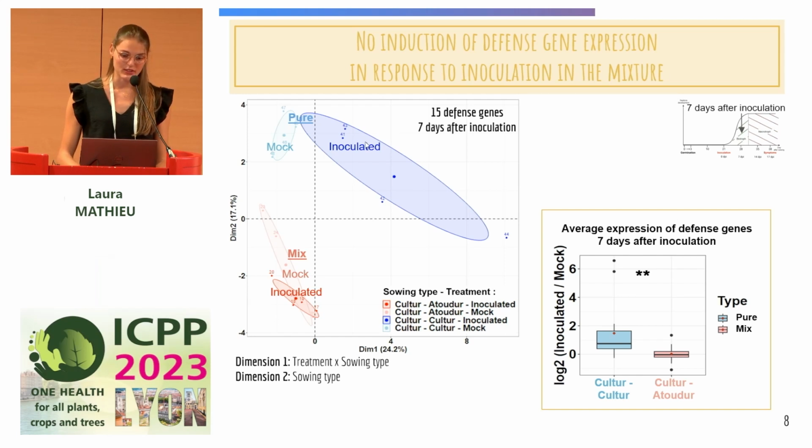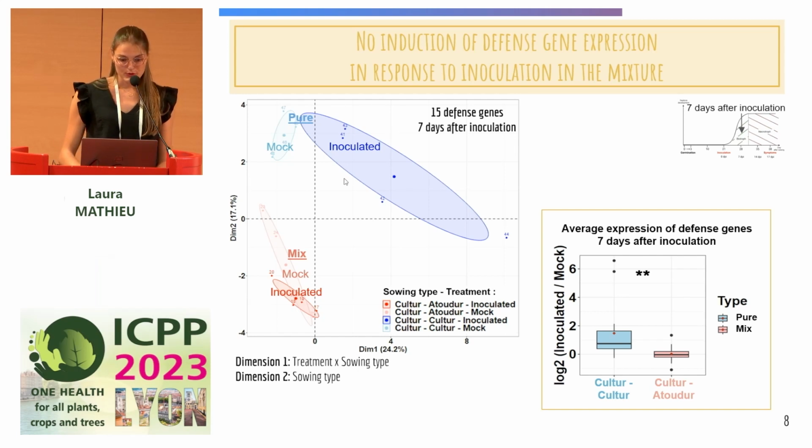By analyzing only the defense genes at 7 days after inoculation, we observe the difference between the pure in blue and the mixture in red, but we also observe a different response to the inoculation between the pure and the mixture.